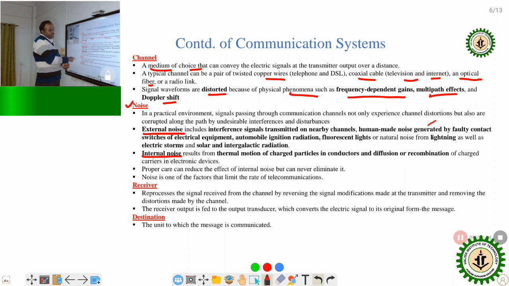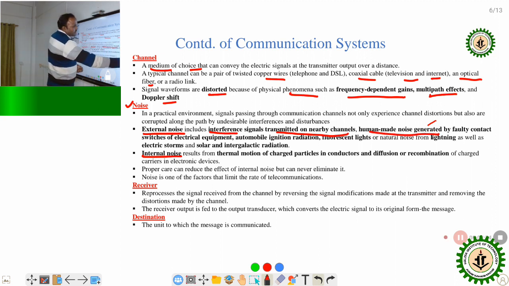External noise basically comes from interference signals transmitted from nearby channels, and human-made noise generated by faulty contact switches of electrical equipment, automobile ignition radiations, and fluorescent lights.